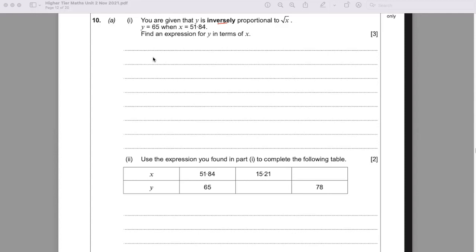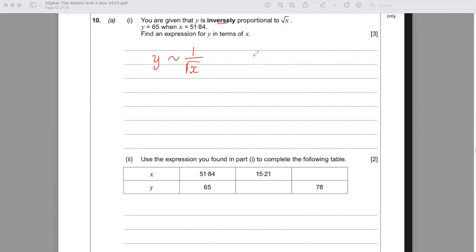So y is inversely proportional to square root of x. It means it's actually directly proportional to 1 over square root of x. Think about it, as your square root of x increases, your y actually decreases, and vice versa.